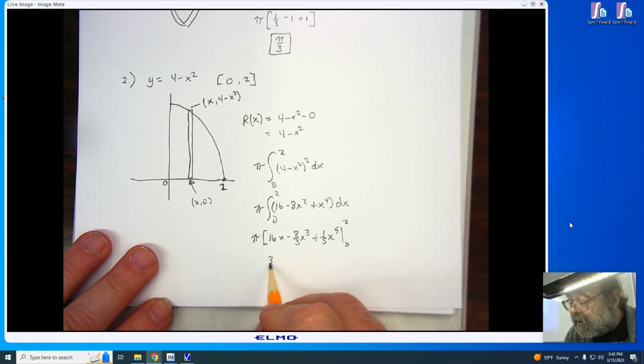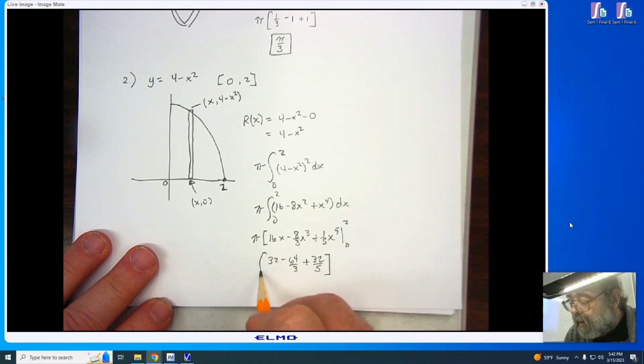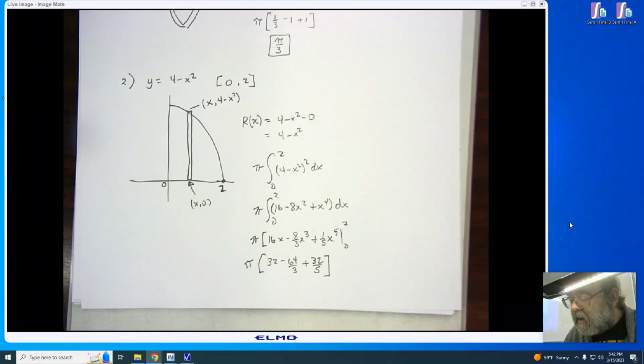I have 32 minus 64/3 plus 32/5 multiplied by pi. And if I recall, this is something like 64 or 62/15.